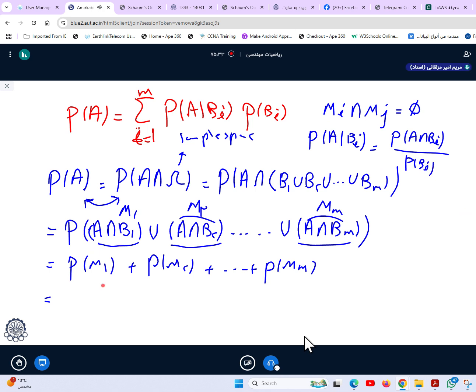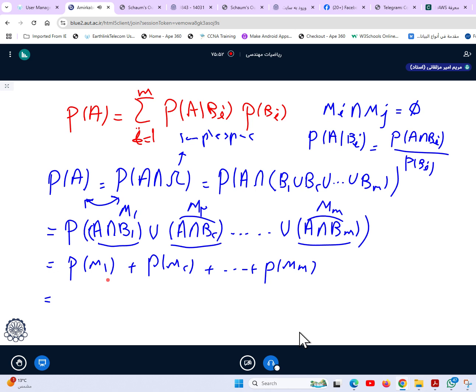Here we have the probability of M1, that means the probability of A intersection with B1. Probability of A intersection B1 is equal to probability of A given Bi times probability of Bi.